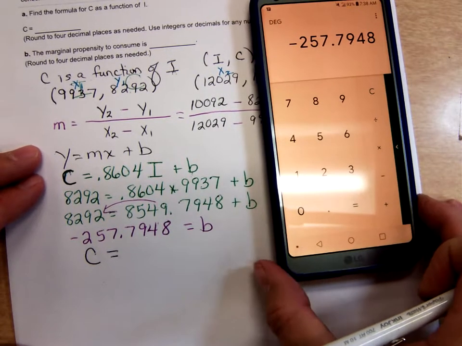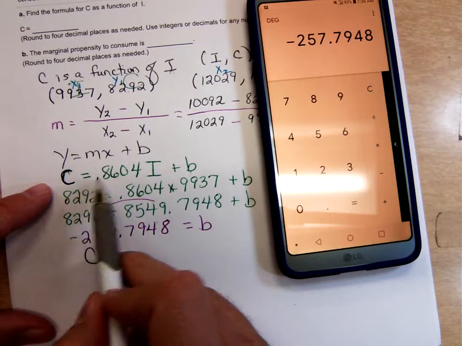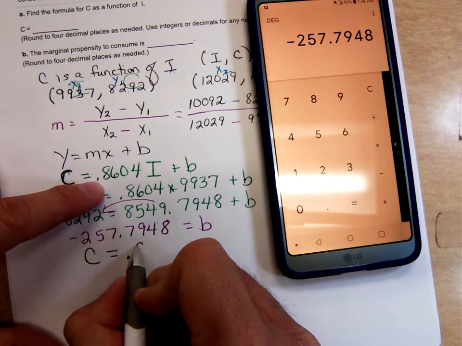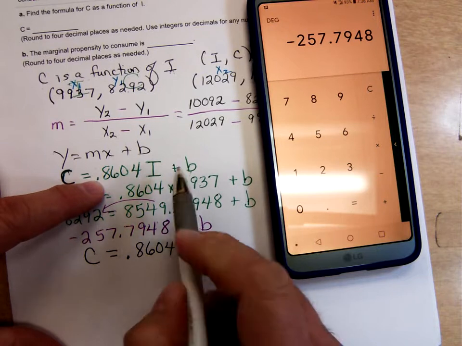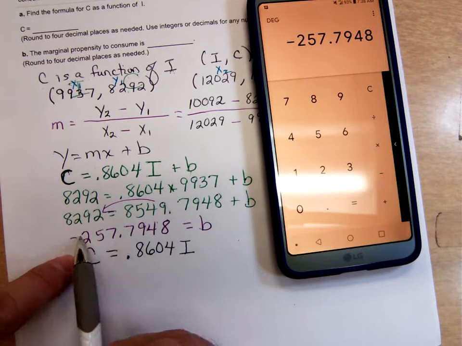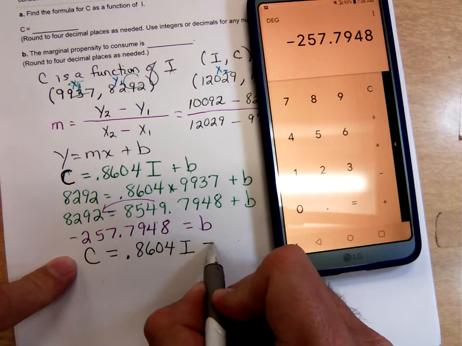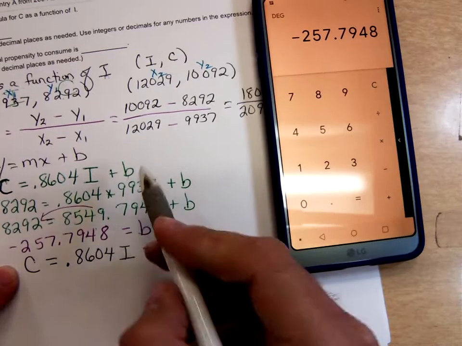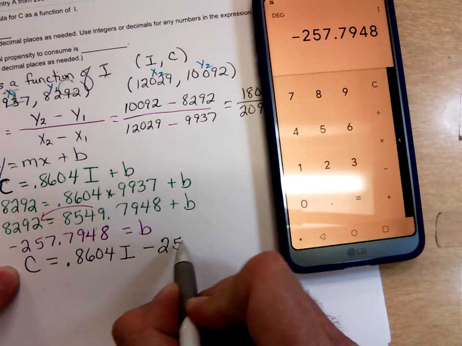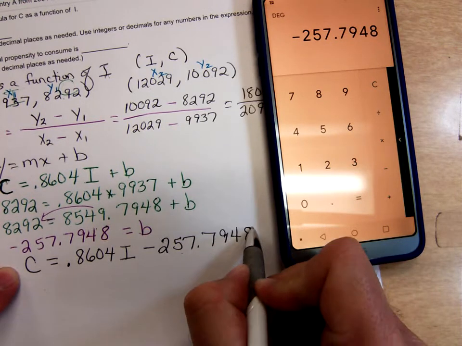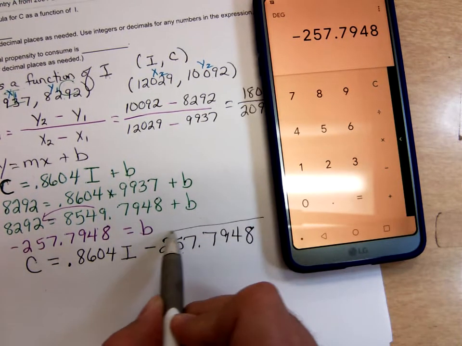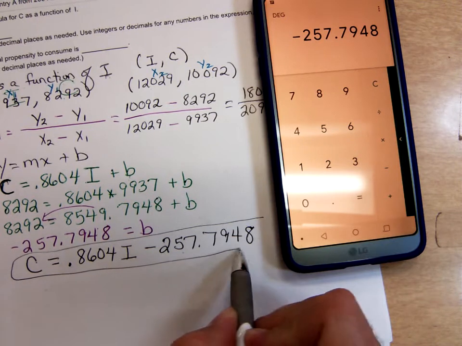C equals 0.8604i plus b. Well, b is this negative number, so I'm just going to write minus 257.7948. So here's a nice formula for national consumption.